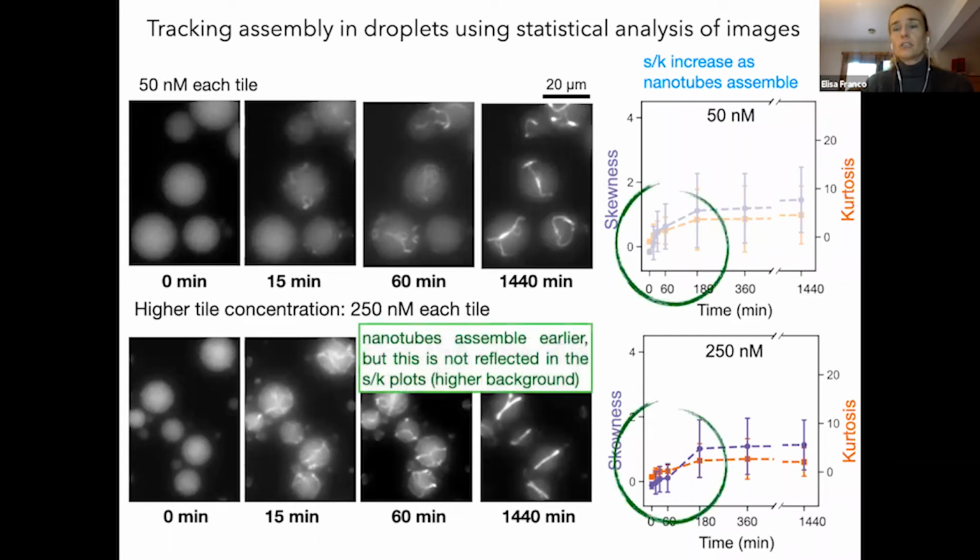The initial assembly actually looks slower in the bottom plot, and that is because you have a higher background. You're always comparing the bright areas to the dark areas, and because the background is different, essentially you can't compare. So this is a method that is useful, but you have to use some caution when you apply it.